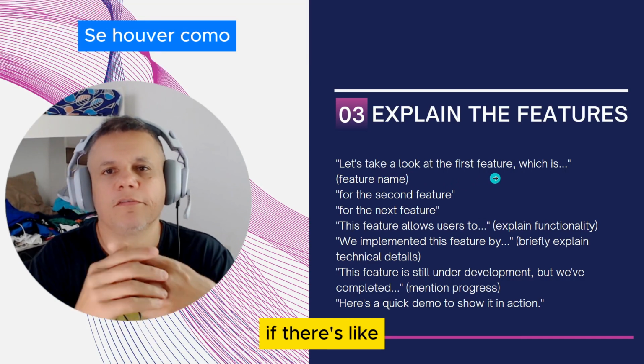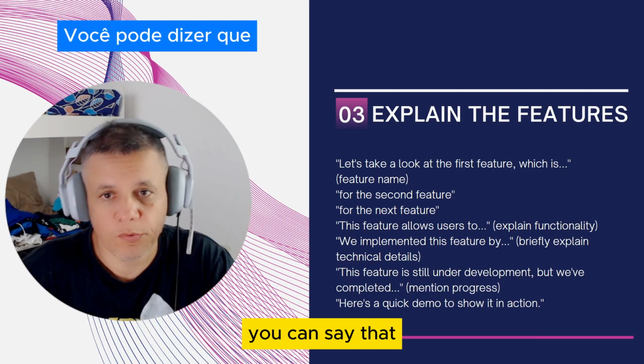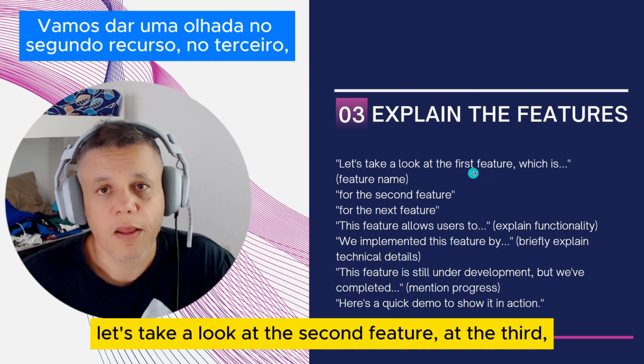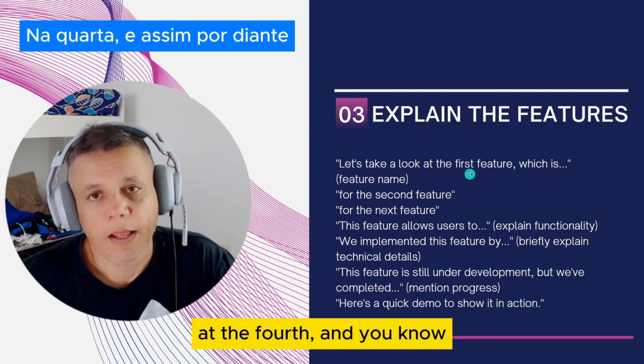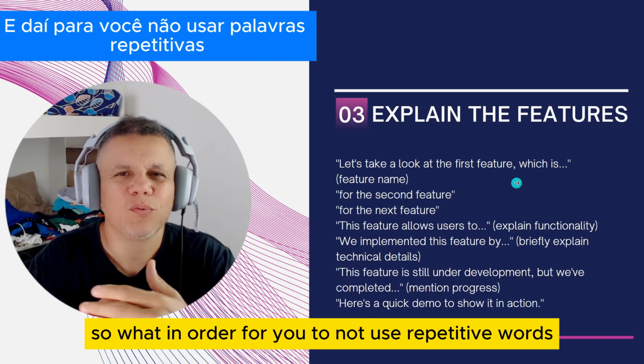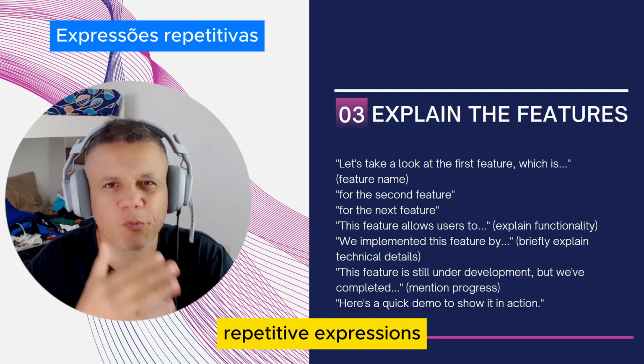For example, if there are five features that you're going to be presenting, you can say let's take a look at the first feature, let's take a look at the second feature, at the third, at the fourth, and so on, in order for you to not use repetitive expressions.